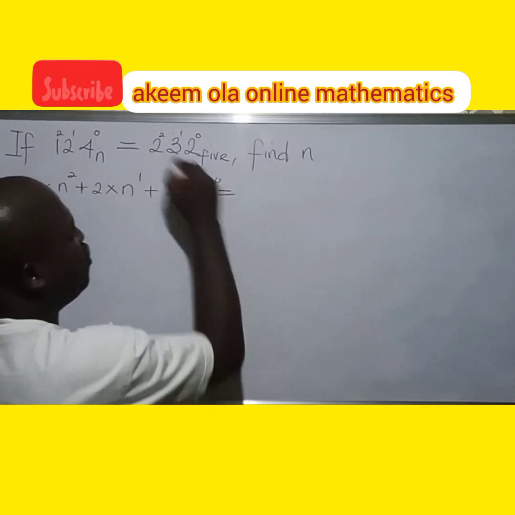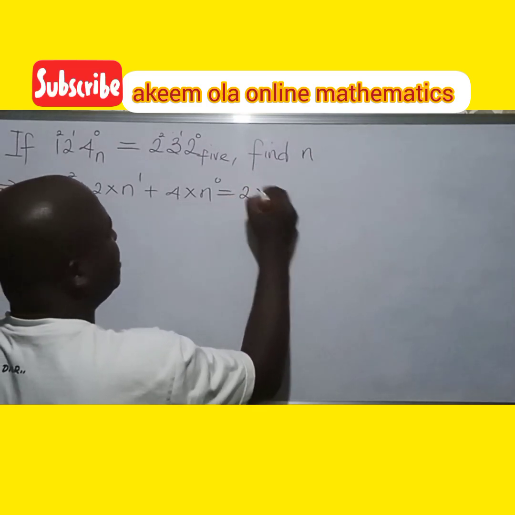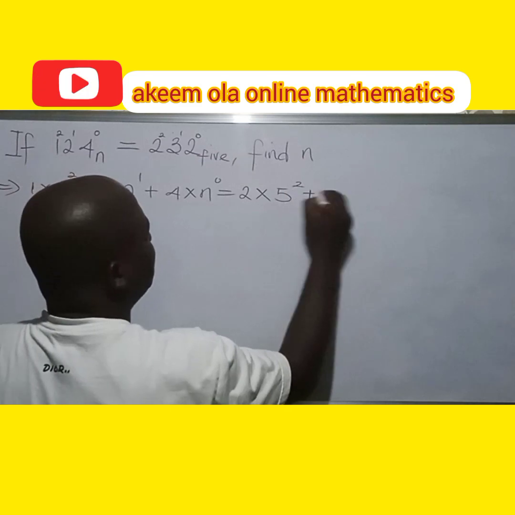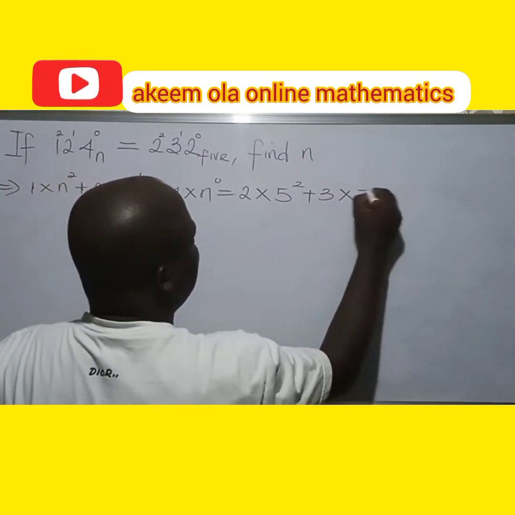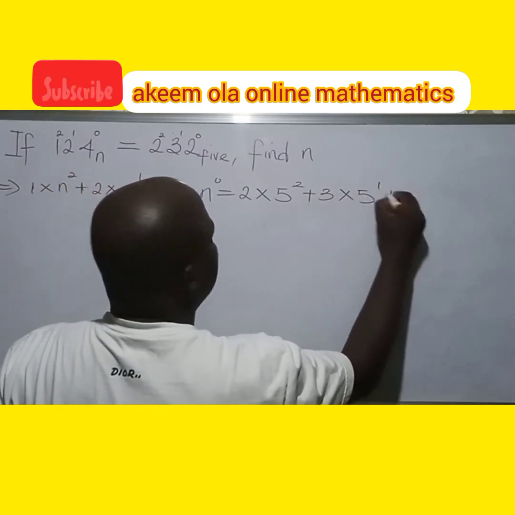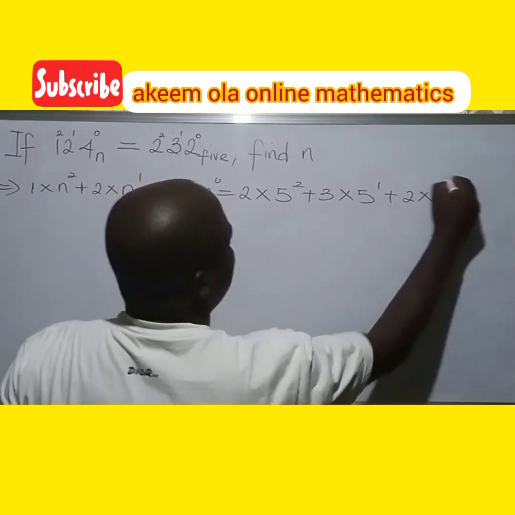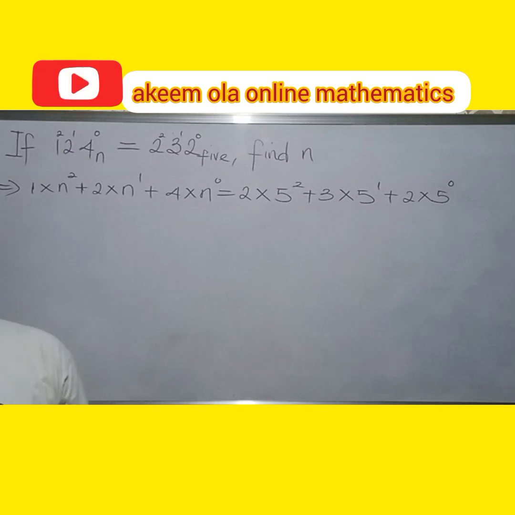Everything is now equal to the other side, so we have 2 times 5 raised to power 2, then plus 3 times 5 raised to power 1, then plus 2 times 5 raised to power 0. Then we can simplify further.